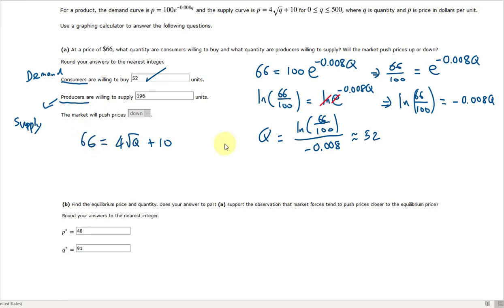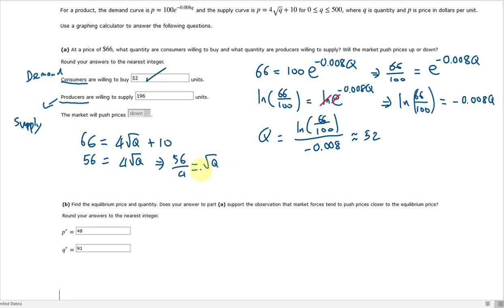We need to solve for Q, so I subtract 10 on both sides. We have 56 equals 4 square root of Q.